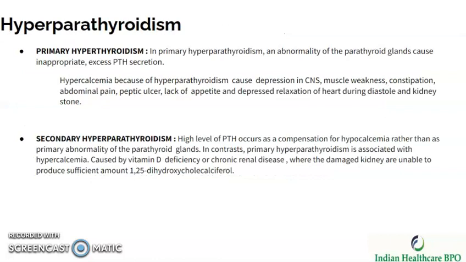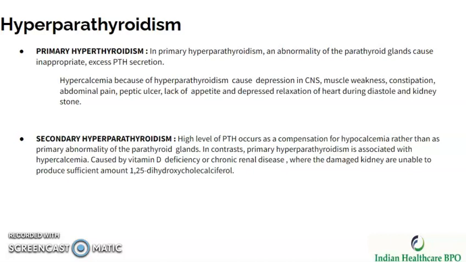Then hyperparathyroidism. We have two types, primary hyperparathyroidism and secondary hyperparathyroidism. In primary hyperparathyroidism, an abnormality of the parathyroid gland causes inappropriate excess PTH secretion.